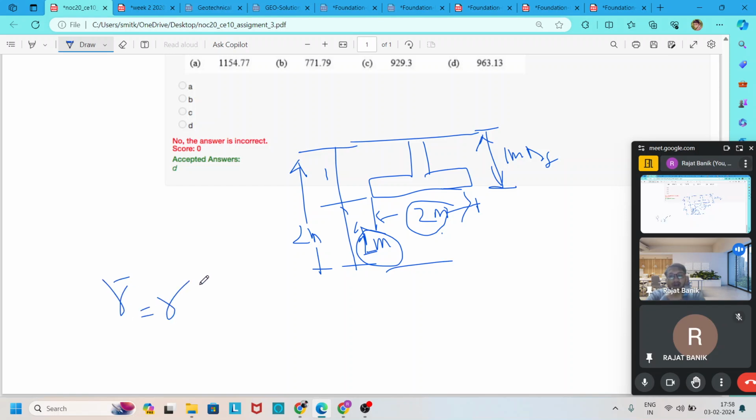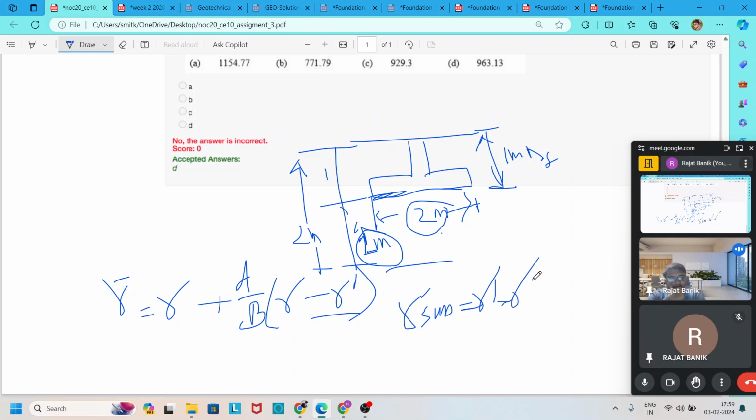Gamma bar is gamma plus D, the depth of the water table from the foundation level, by B, the width of the foundation, multiplied by gamma minus gamma dash. Gamma dash is the submerged unit weight, equal to gamma saturated minus gamma w.